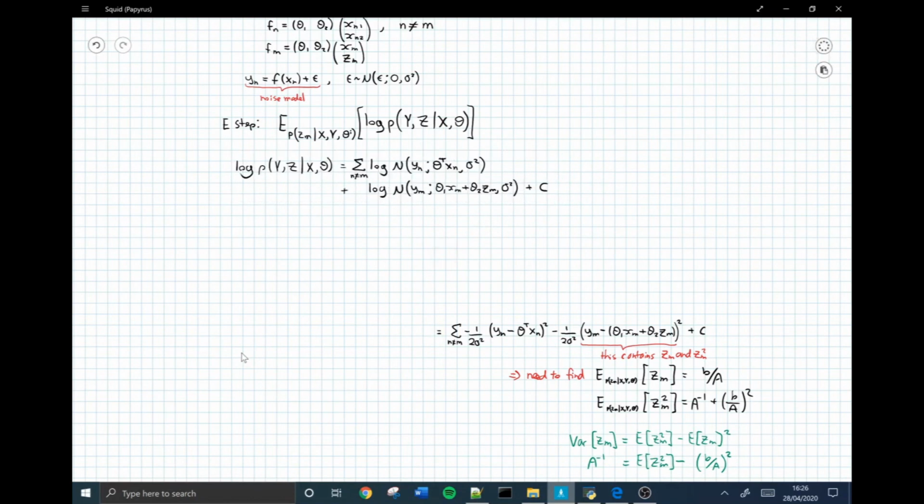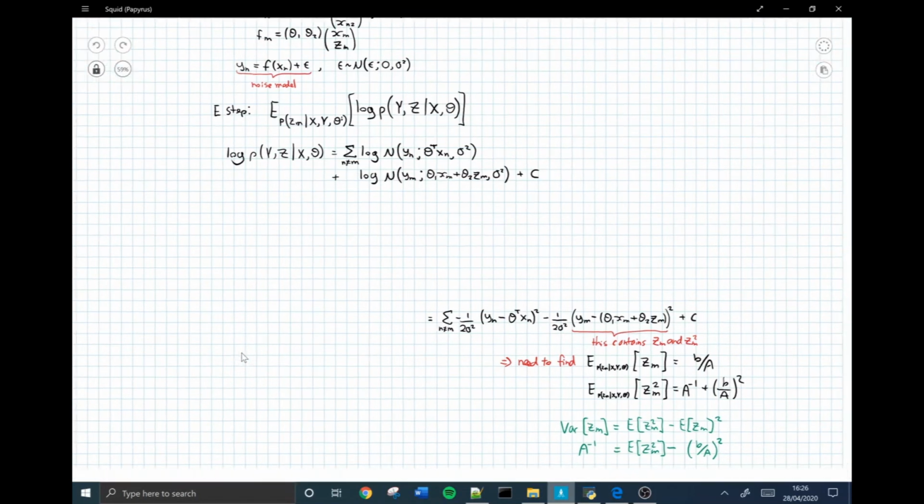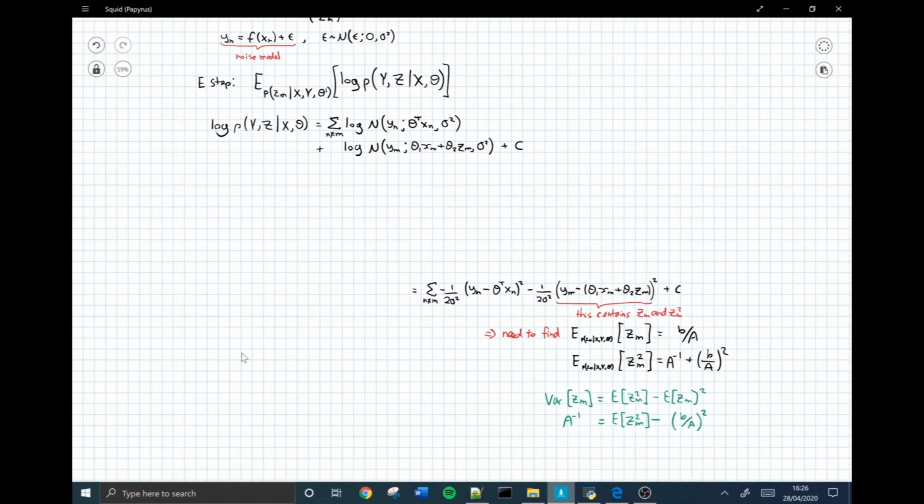This is what we're going to differentiate with respect to theta in the M step. And we know that at some point we're going to need, in that expression, the expected value of Zm and the expected value of Zm squared. So we'll put those up here. So this all comes from there.